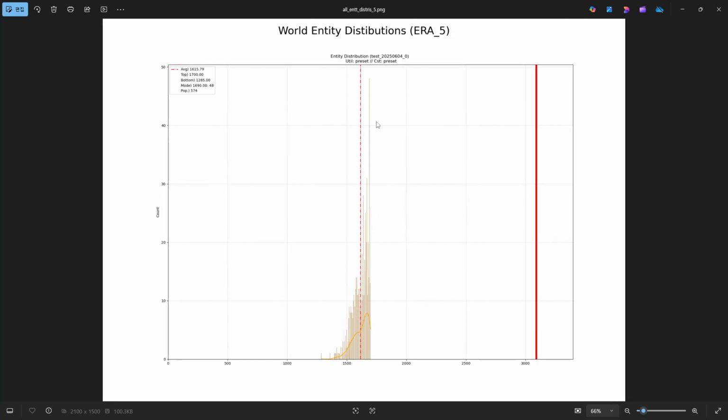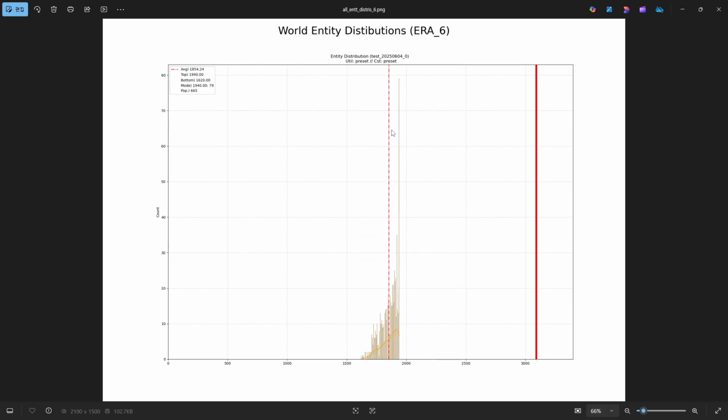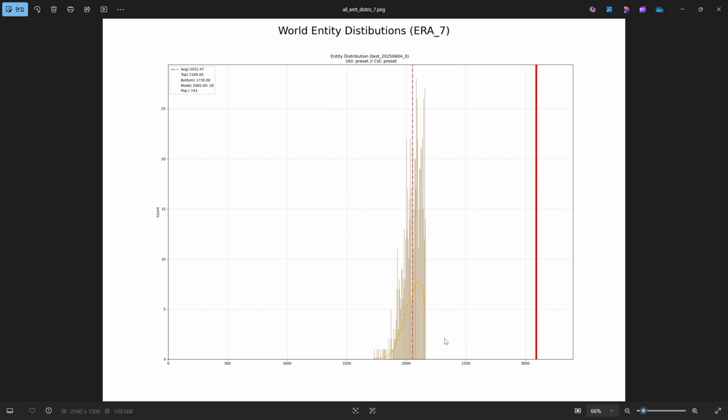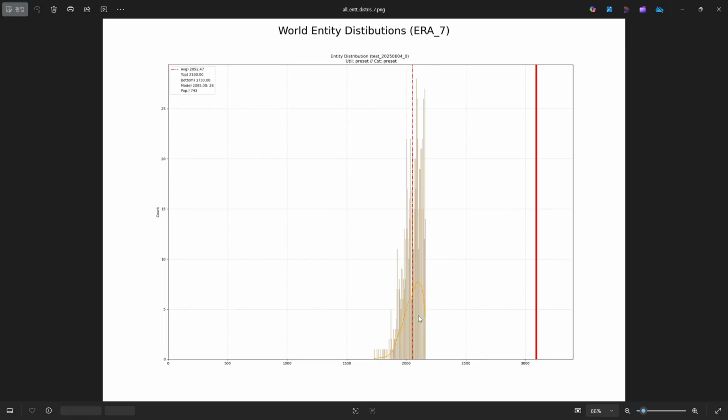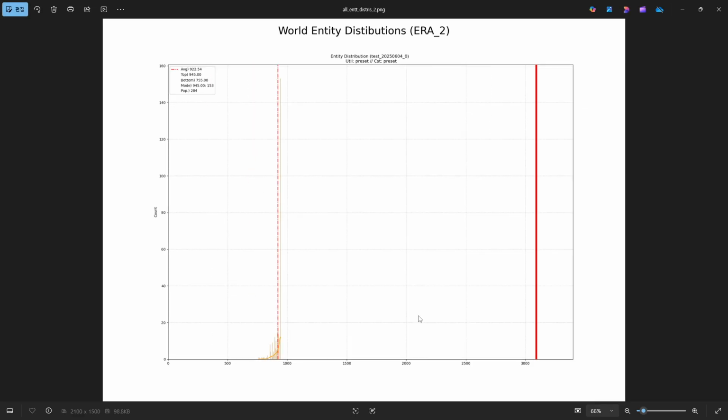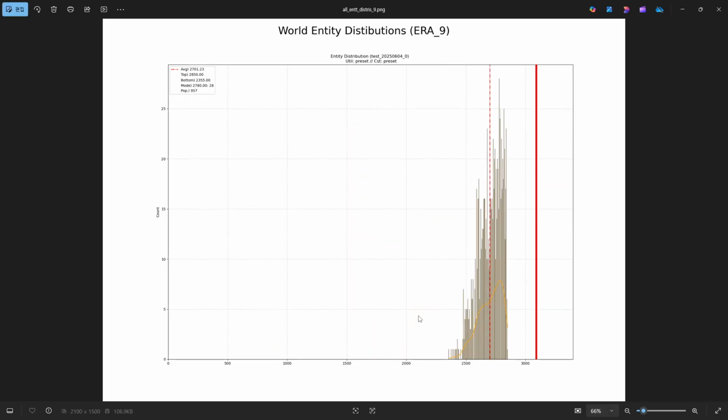Of course, the mode is very close to the true ceiling now, and the distribution is a bit wider, more spread. 8th era, 9th era, final era. This is nothing we haven't seen, but until now I just hadn't saved the entity distributions per era, so here they are.